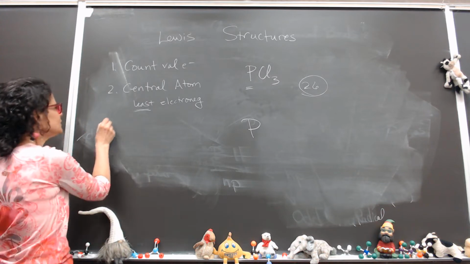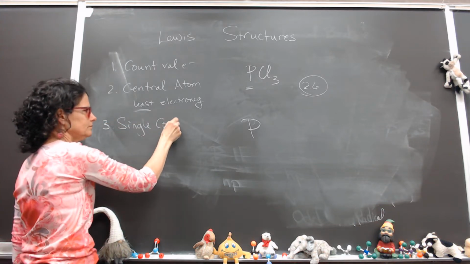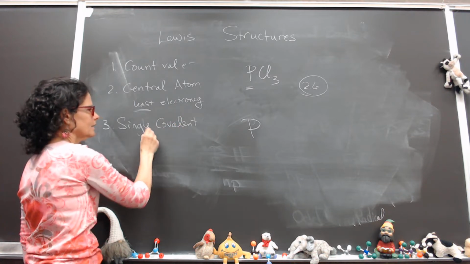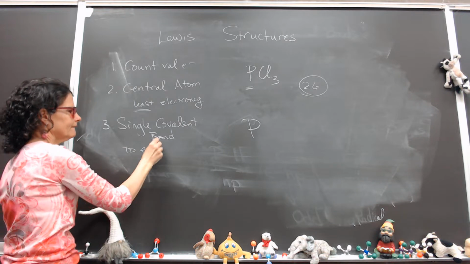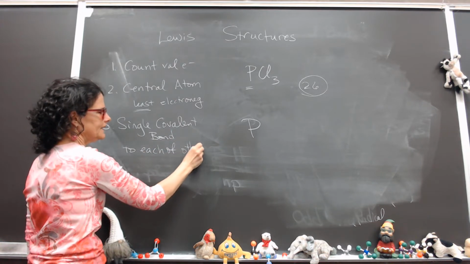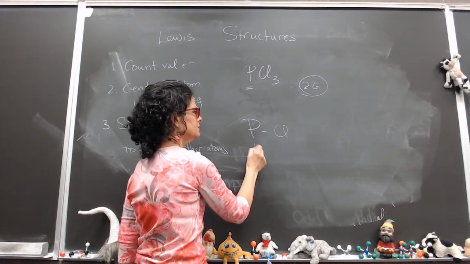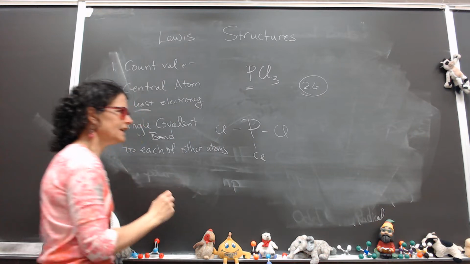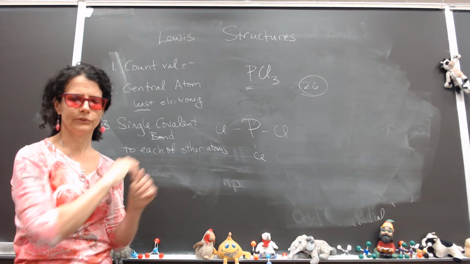And then we do a single covalent bond to each of the other atoms. All right, so chlorine, chlorine, chlorine. That line is our single covalent bond. So 3 chlorines.